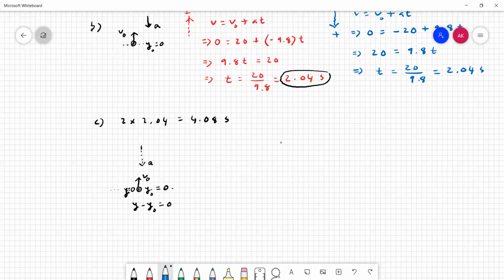Yes. So will it hit the ground with 0 velocity or with some velocity? It will definitely not hit the ground with 0 velocity. It will hit with some velocity. Suppose we don't know what velocity it's hitting the ground with. So you can draw that one.